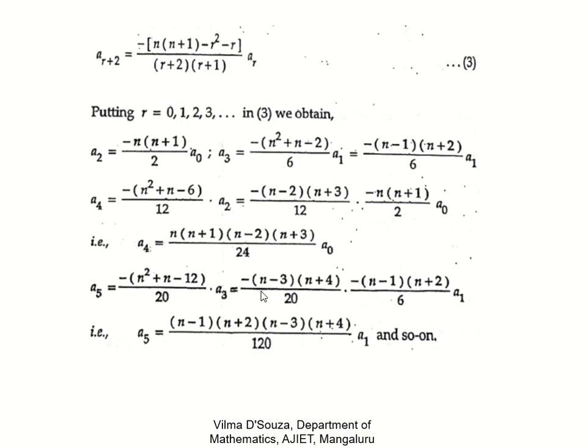So factorize again, minus (n minus 3) into (n plus 4) divided by 20 into a3. What is a3? You substitute. Where is your a3? Minus (n minus 1) into (n plus 2) by 6 into a1. So combine all the terms. So a5 is equal to (n minus 1) into (n plus 2) into (n minus 3) into (n plus 4) divided by 120 into a1. Minus into minus becomes plus.